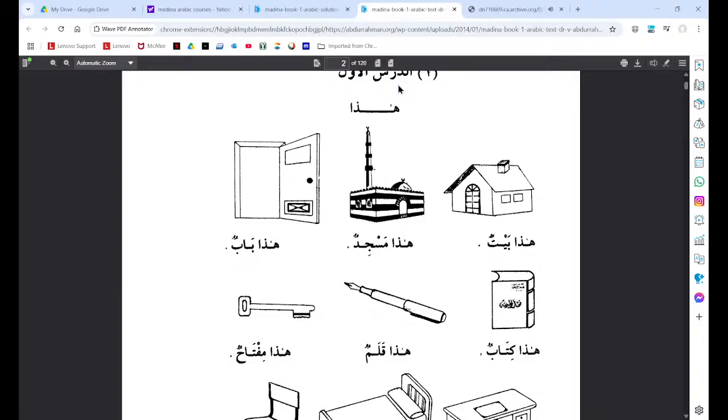Al aqli, for someone who has intellect, and وغير عقلي, for the thing without intellect. So we can use هذا for an inanimate object and for a person, inshallah. This is the understanding of this word هذا.